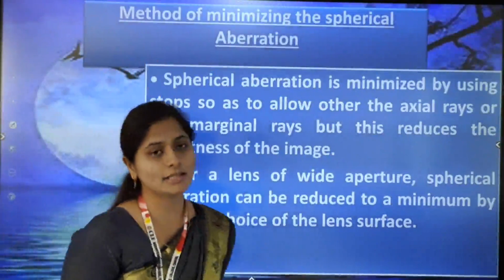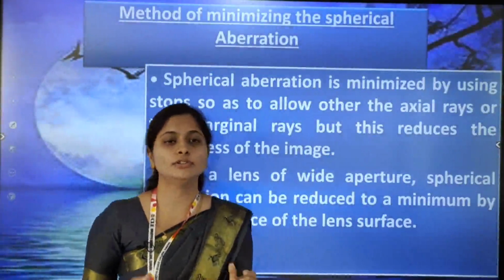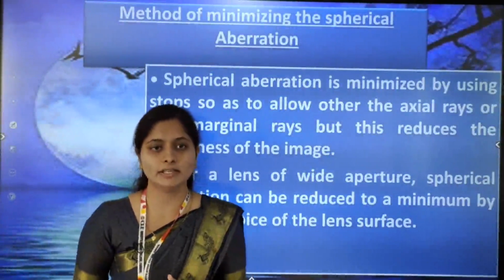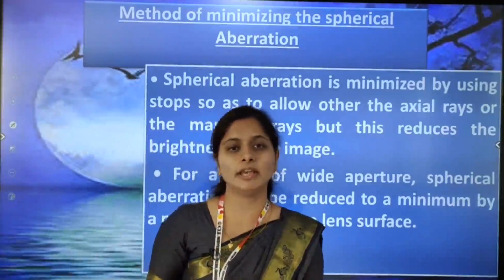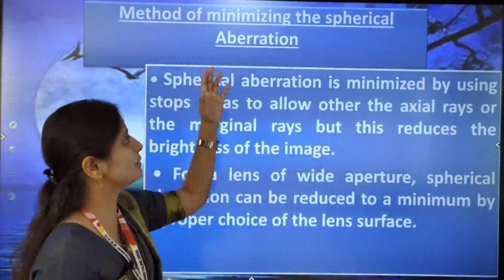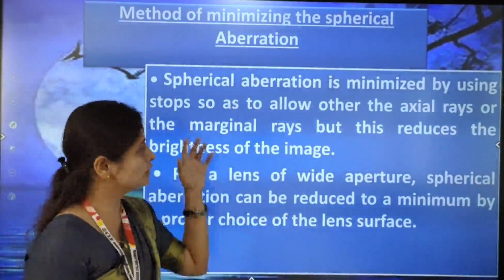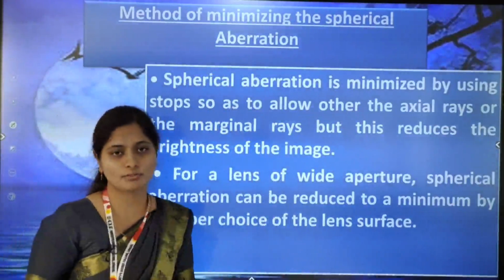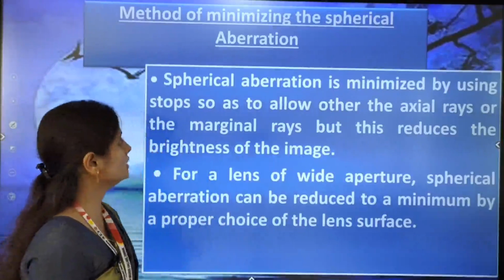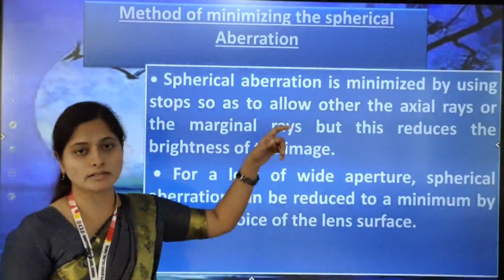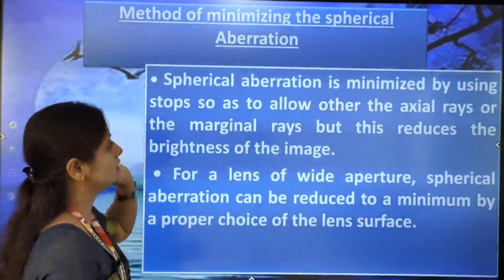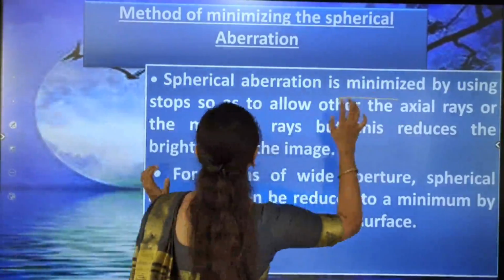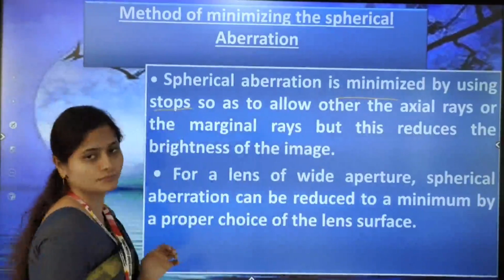Methods of minimizing the spherical aberration. Here some methods are there, by using which we can minimize the spherical aberration. See here, the first point: spherical aberration can be minimized by using stops.